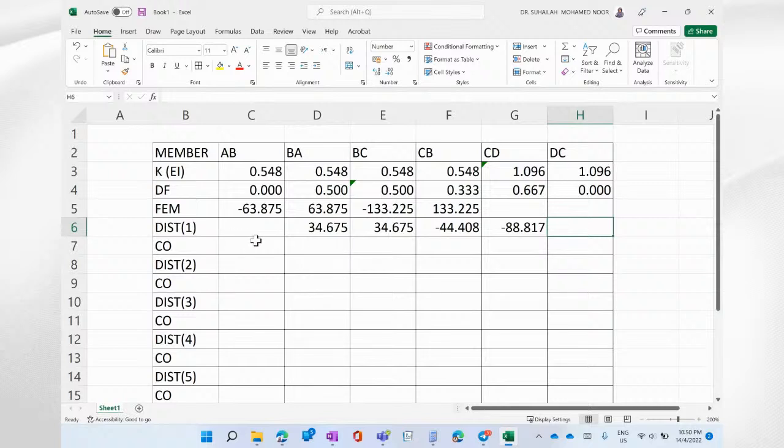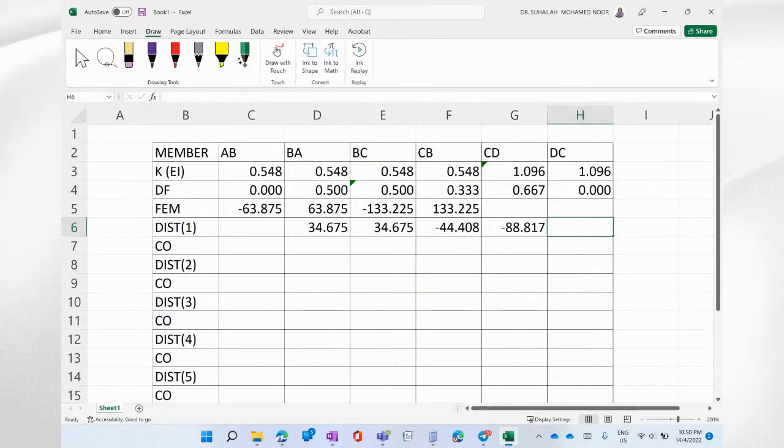Then we continue with the next step, which is called carryover. For carryover, we have to carry the value to the opposite side, meaning it must cross the boundary: between A and B, between B and C, between C and D. So all factors are 0.5 because all ends are fixed.